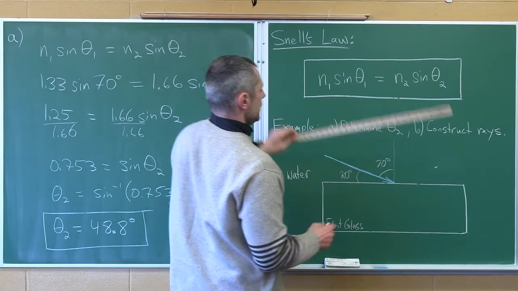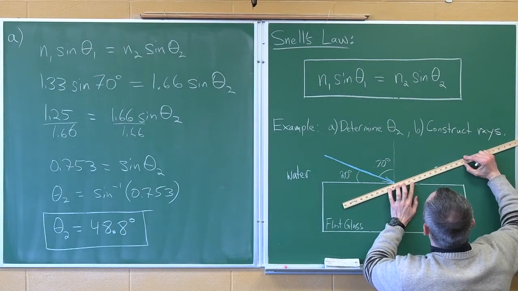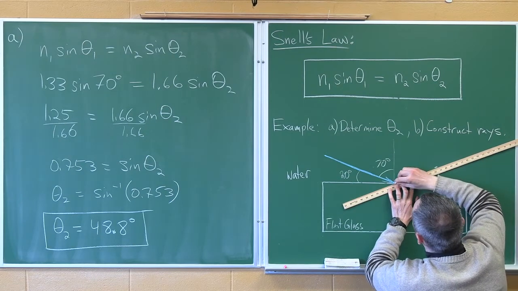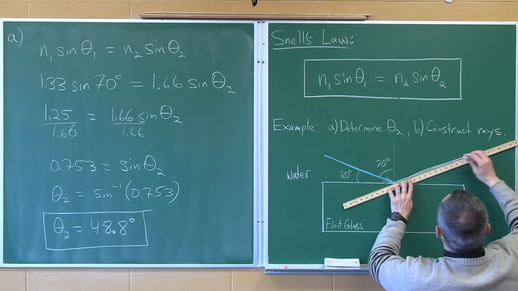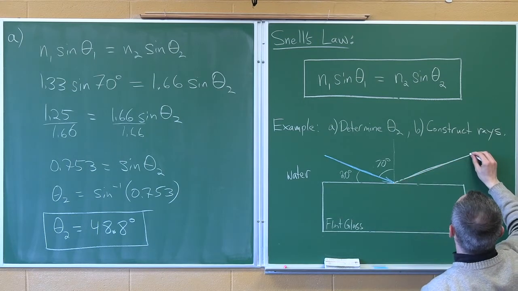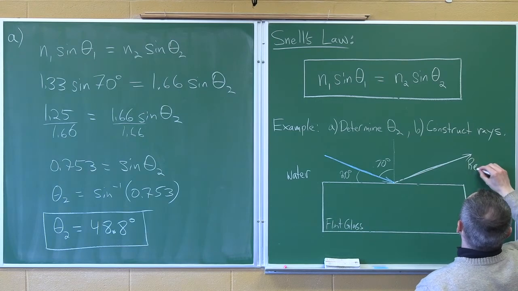Now I'm going to grab a straight edge. And again, this is tricky with chalk. The chalk's so thick. All right, it's a little sloppy. So I'm going to label this the reflected ray.